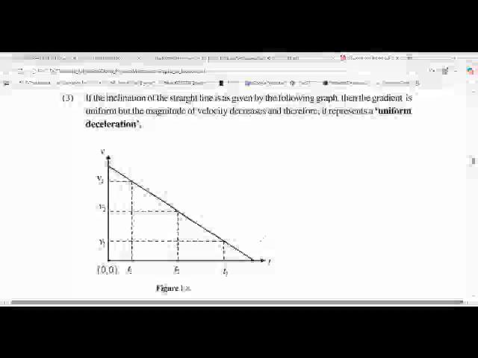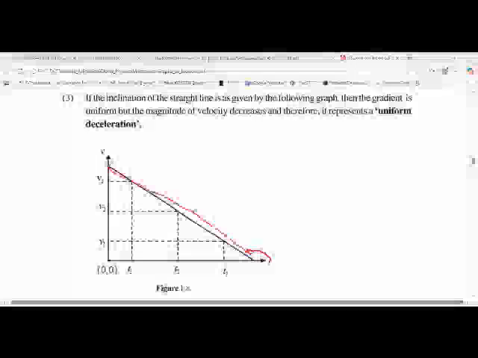But this time, you have to learn a special case: deceleration. Before going to that special case, let's focus our attention on deceleration. If it is deceleration, the gradient should be negative. This angle is an obtuse angle, and its velocity is decreasing.